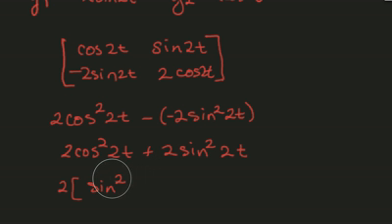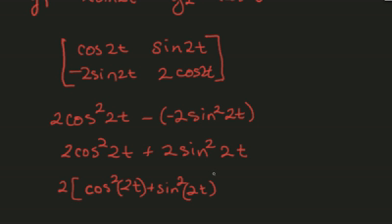Oops, changing the order there, sorry. And if you remember your Pythagorean identity, sine squared plus cosine squared equals 1, or vice versa, cosine squared plus sine squared equals 1, this simplifies to 2 times 1, which is not equal to 0.